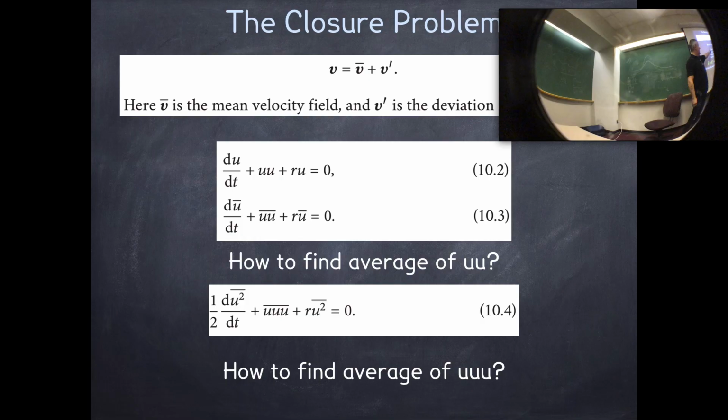Okay, so if I want to write down this equation, I can't do it because it's nonlinear, it's horrible. So what if I try and use this trick and write down an equation for the average of this? If I average this equation, and the average is not a time average, so that I can bring it inside the ddt, then the average goes with this and with this. So if this was the equation, I'd be set, right?